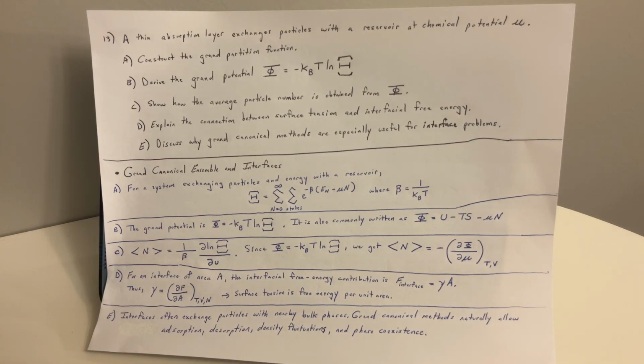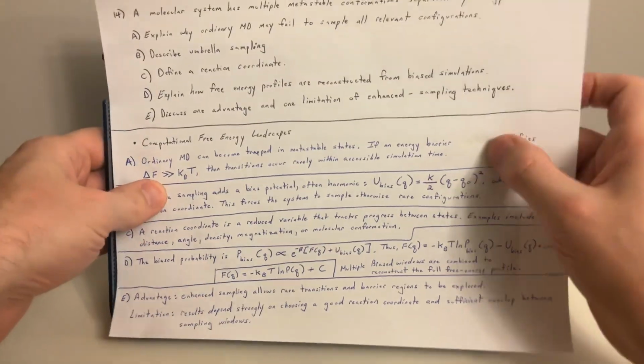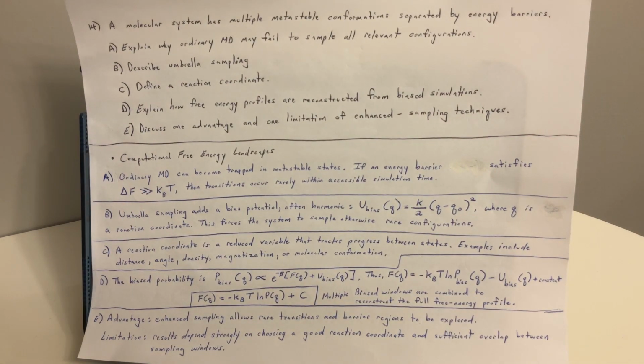Okay, and now we have the last one, which is canonical, number 14. A molecular system has multiple metastable conformations separated by energy barriers. Part A, explain why ordinary MD may fail to sample all relevant configurations.